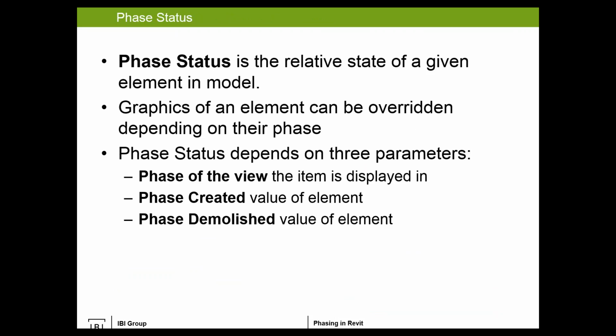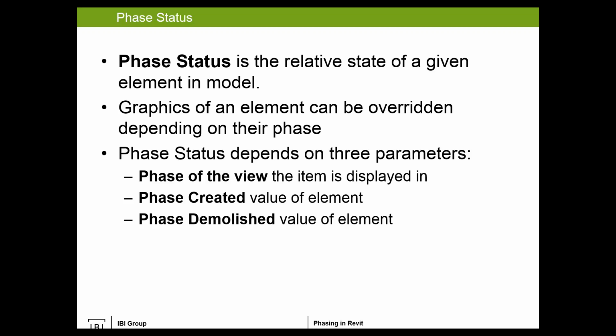So phase status is, now this is where it starts getting tricky, because phase status is determined based on the phase of your view and the phase of your item. So it's a relative state. So let's say you have a sequential number of phases, 1, 2, 3, 4, 5, and they're all one after the other.